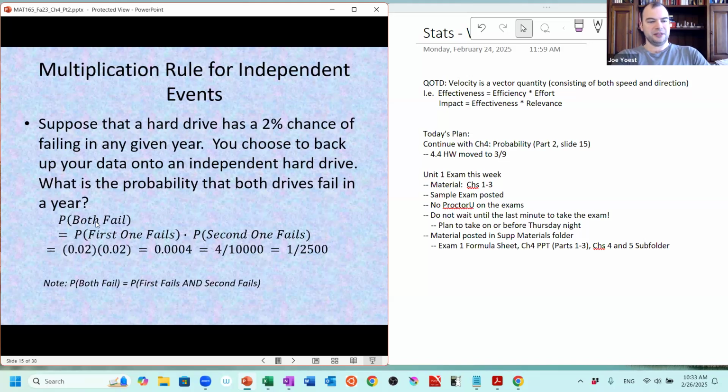So the probability both fail, well, that's really the probability the first one fails and the second one fails. This is really a compound event. And the 2 hard drive failures are independent by assumption. So that's the probability the first one fails times the probability the second one fails, or that's 0.02 times 0.02, or 1/50th times 1/50th, however you like to think about it. That's 1 in 2,500, or 0.0004.